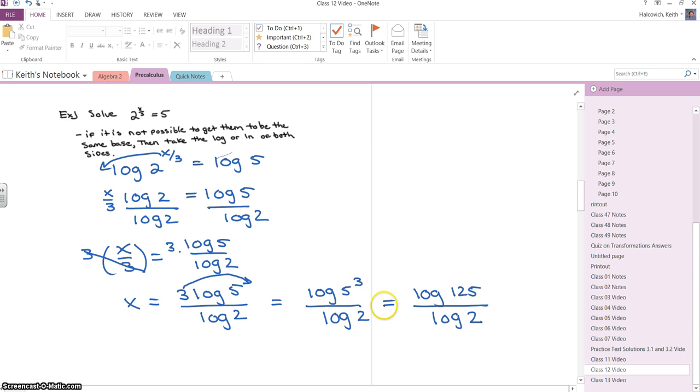And then remember the change of base formula. It says log of the answer over log of the base. So this would be the same as log base 2 of 125.